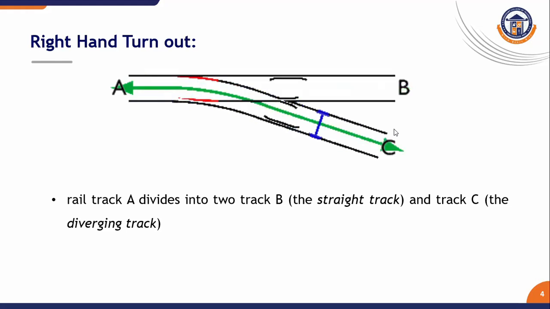The rail track A drives into track B, the straight track. If it needs, it takes to the track C, the diverging track. So whenever needed, it goes to the straight line from A to B. If it needs, it takes A to C, which is the diverging track.